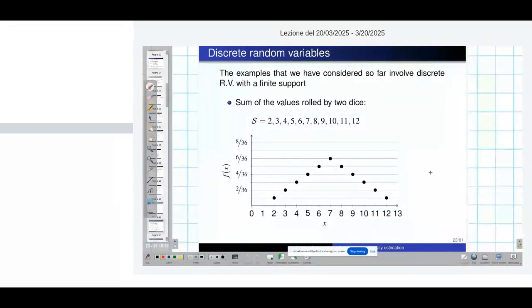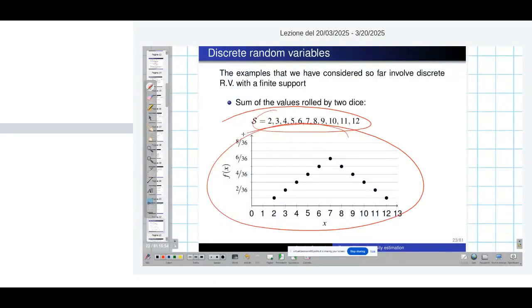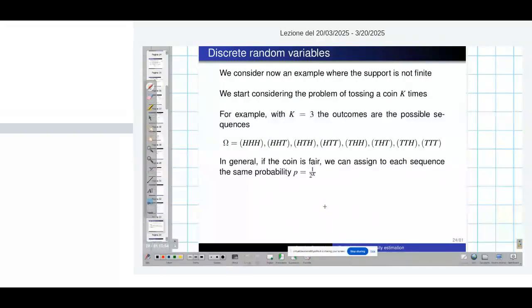If we roll 2 dice, then these are the outcomes, and one probability function for these outcomes that is consistent with the probability that we have introduced before, with the assignment that we have, would look like this. This is a probability mass function. For each value that the random variable can take it is different from 0, and it's actually 0 everywhere else. So the function is defined over all the real line, but it's 0 elsewhere.